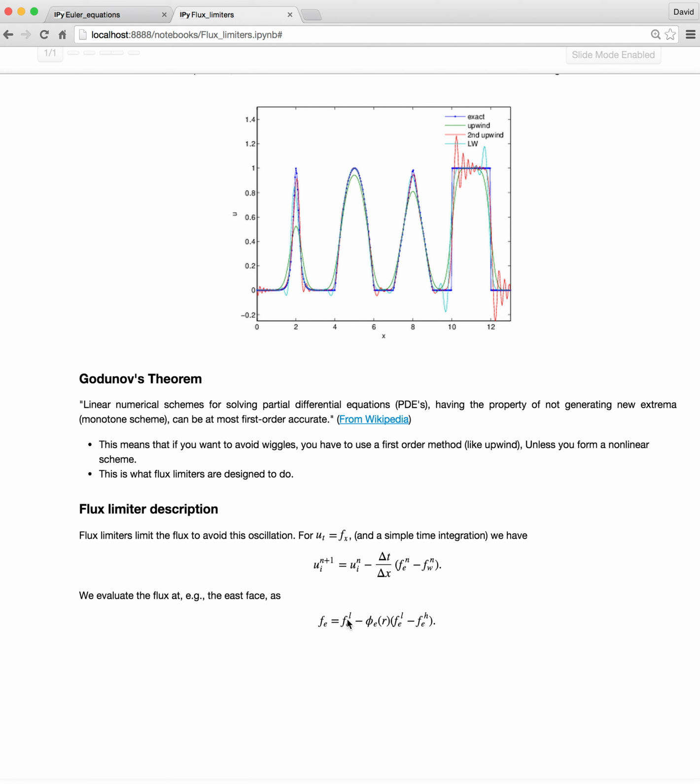We'll call Fe superscript L a low order flux, and we'll call Fe superscript H a high order flux. So this could be like an upwind method for the low order method, and maybe an average of two cell quantities, like (u plus u) over 2 times the velocity, like we saw above, for the high order flux.